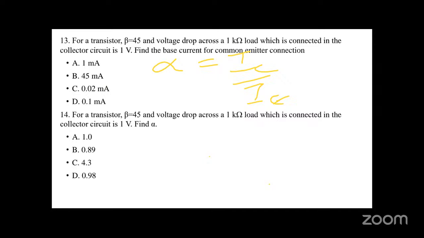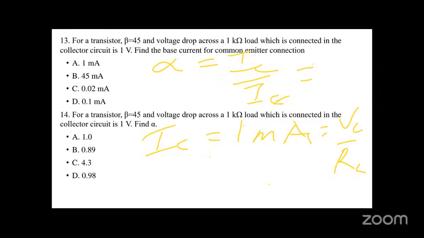Previously we solved for IC to be 1 milliamp. That is, IC is equal to VC over RL. VC is 1 volt, and RL is 1 kilo ohm, so that is 1 milliamp.